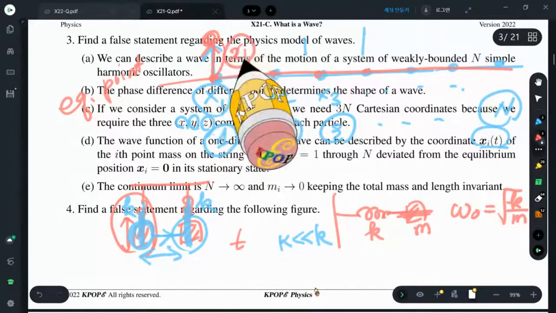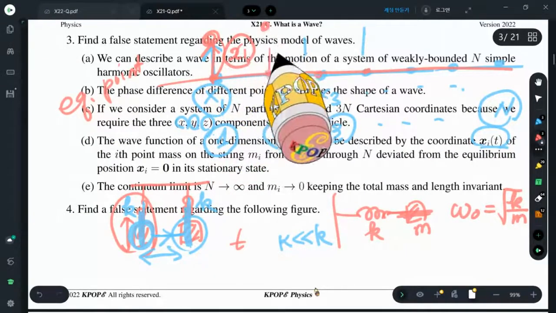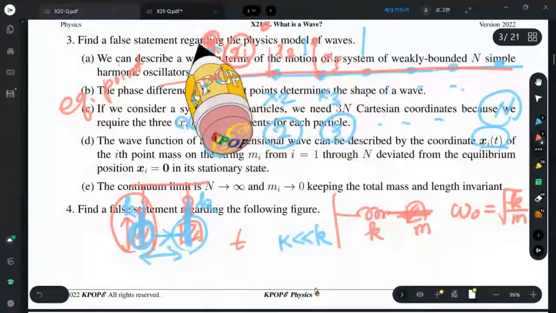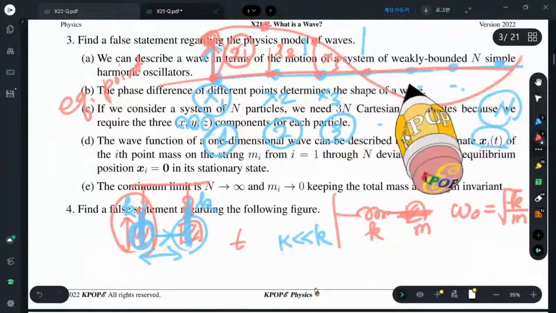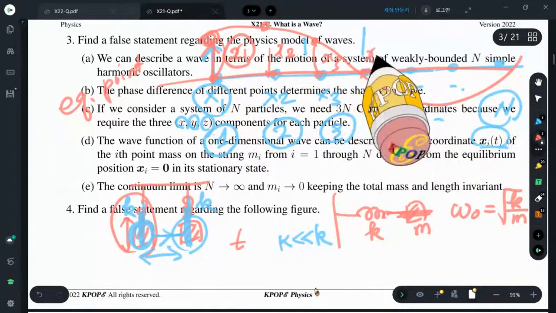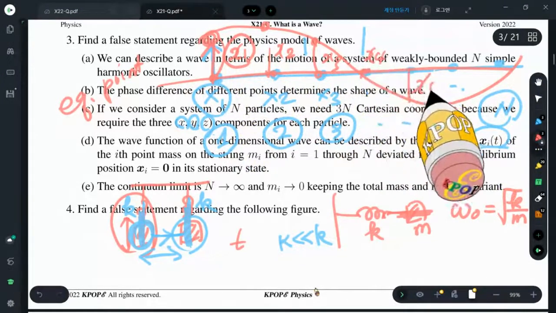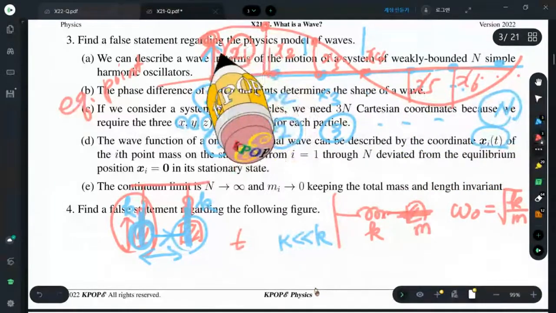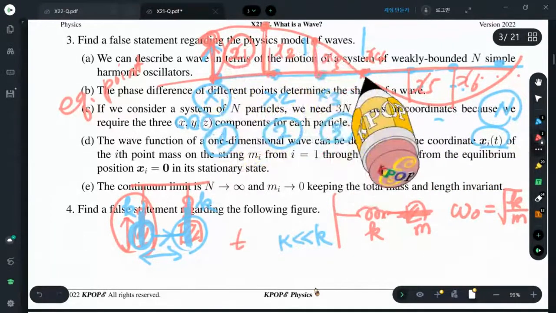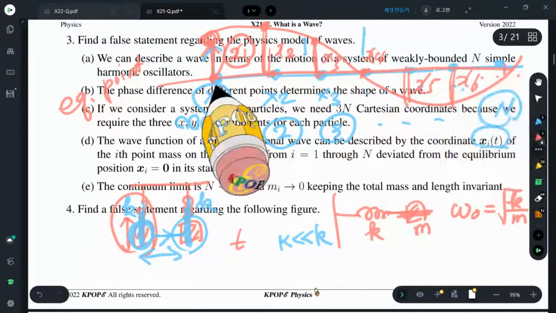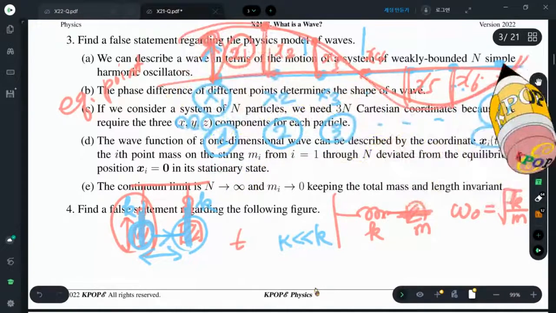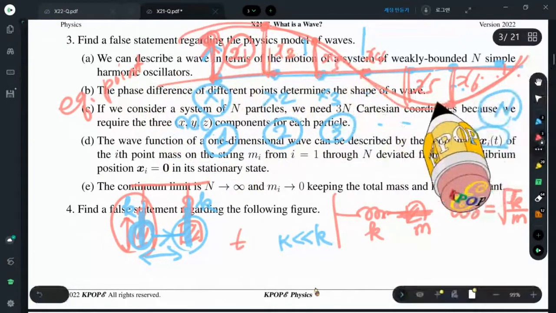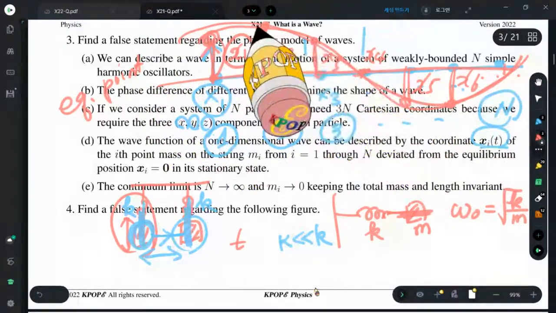Let me call this one x1, and that x2, and so on, x3. Then it gives a shape: x5, x6, and so on. So the distribution of this sequence, if we draw a plot, gives the shape of a wave.